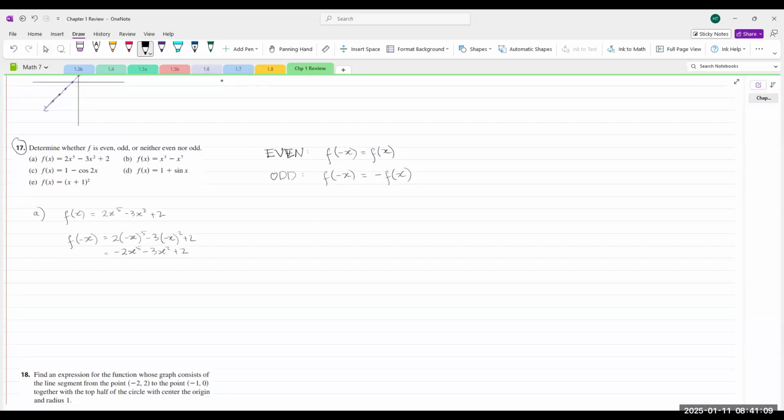Now this is clearly not equal to f(x), right? And if we factor the negative out, we get negative of 2x to the fifth plus 3x squared minus 2. That is not equal to negative f(x) either. So f is neither even nor odd.